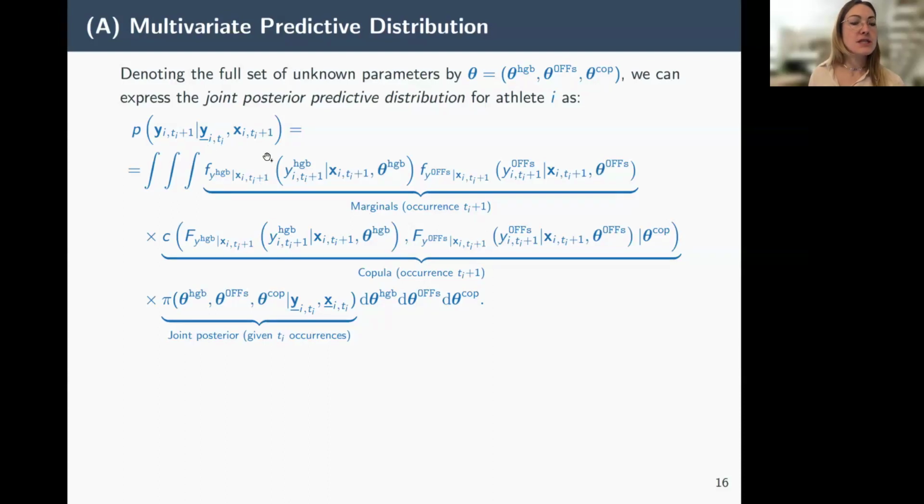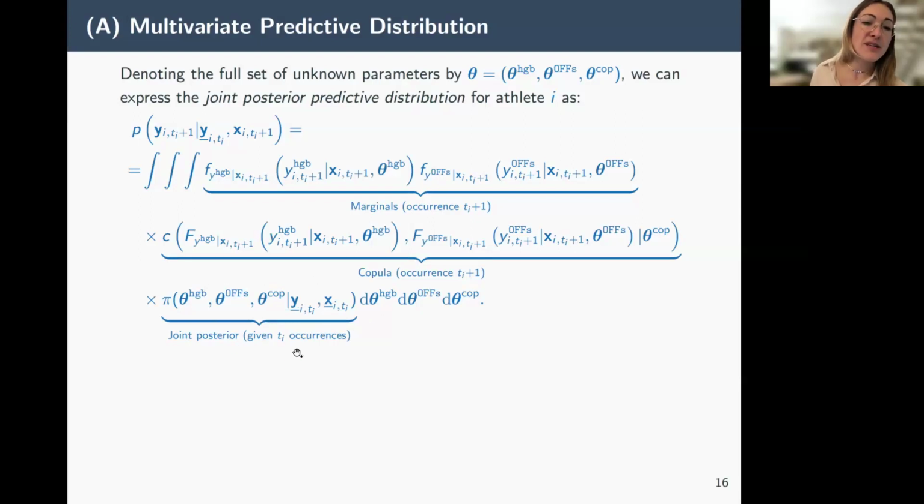Of course, since this is a predictive distribution, we also have to account for the distribution on the parameters, since we are in a Bayesian setting, and since we don't know the relationship between the parameters and they may have a relationship, this is a joint distribution.